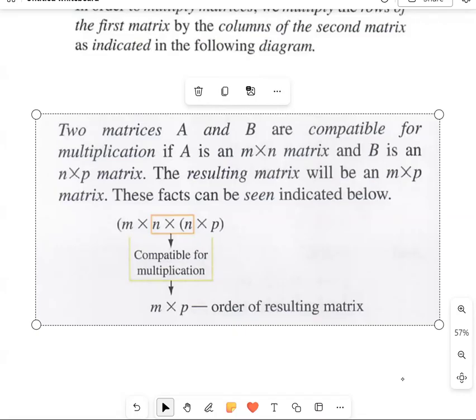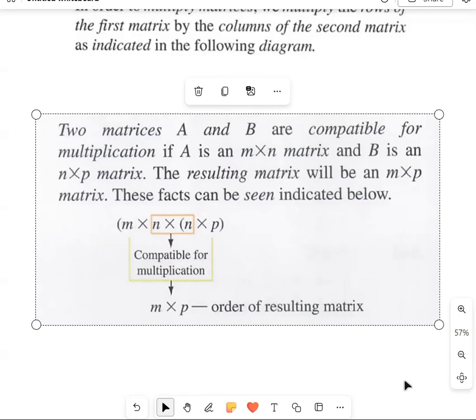One thing I kind of disagree with in what they're telling you here is that it doesn't have to be p, or different. You can have two square matrices being multiplied, where the number of rows and columns is the same.